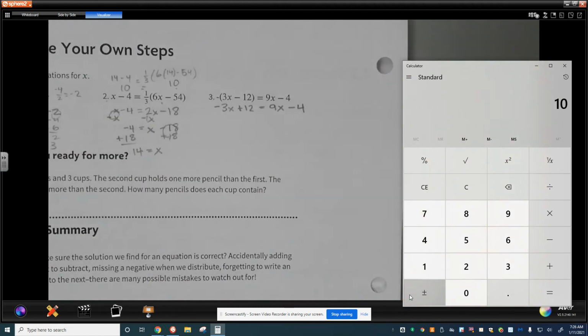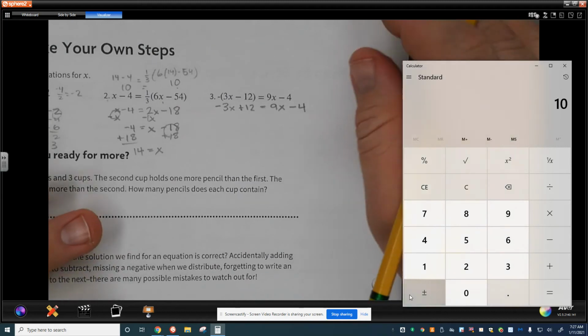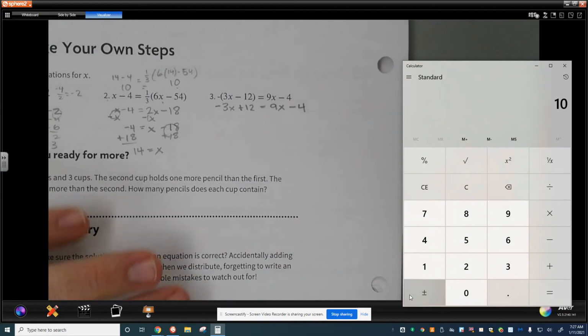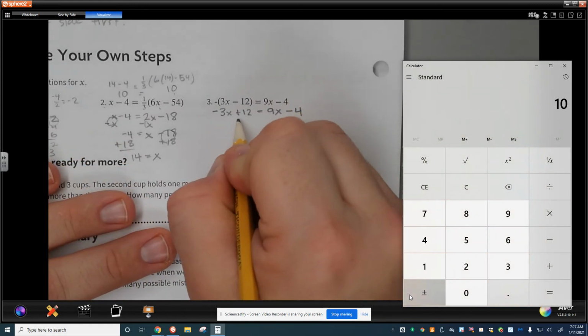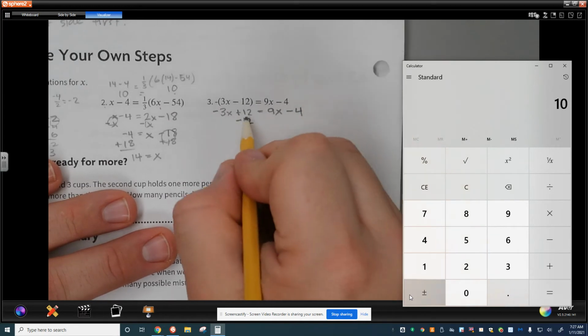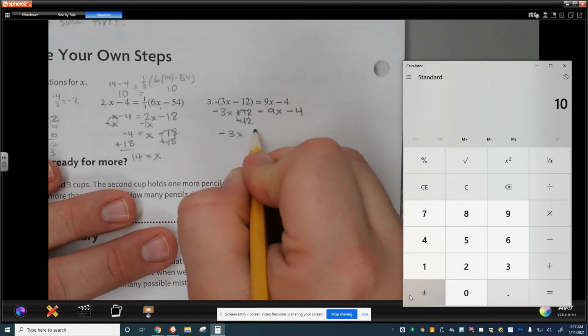Now, a lot of options that I have here, a lot of routes that we could go. Again, I personally like to use the variables first, but I'm going to show you a different way because that's just what I'm going to do. So with this one, let's just start out here. We'll go ahead and subtract 12 from this expression here, leaving us with a minus 3x.